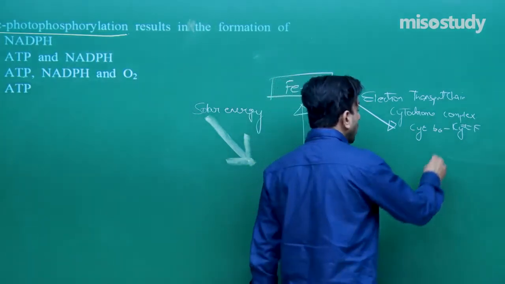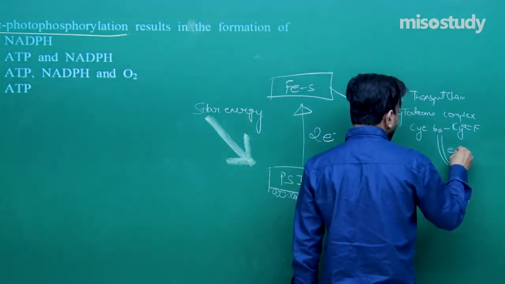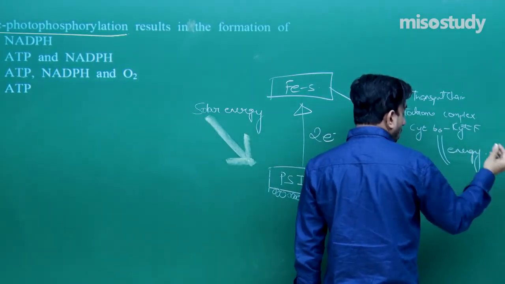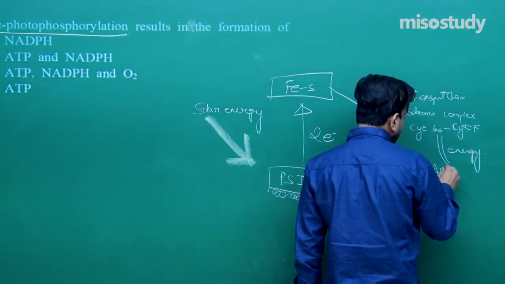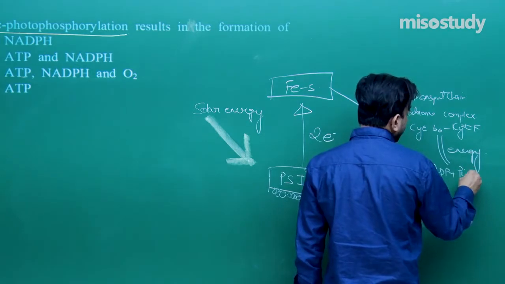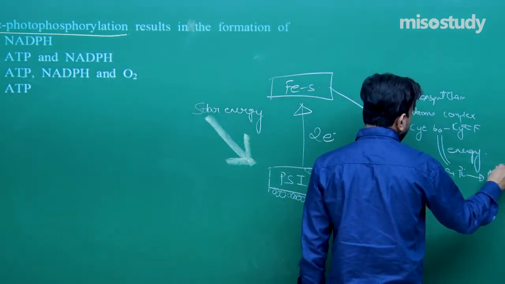So how is the ATP formed? The energy of the electrons is utilized by ADP to combine with a phosphate group and form ATP.